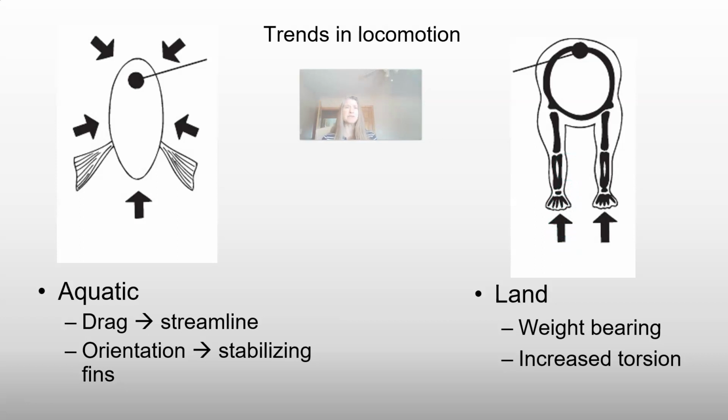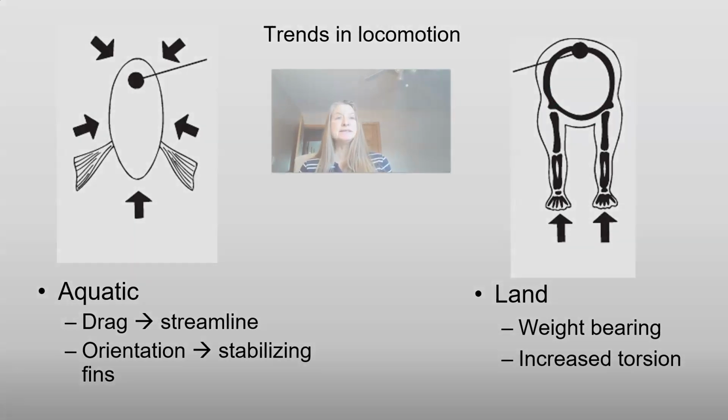So now we have to support ourselves for weight bearing as well as increased torsion. So we can't, especially with this weight bearing, if there's torsion, which is twisting. Torsion is a very, very hard force to deal with because things don't withstand twisting very well.